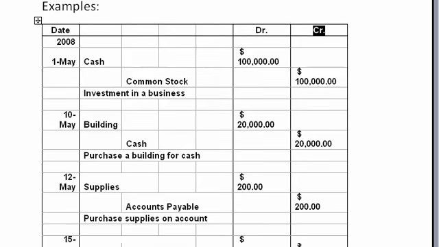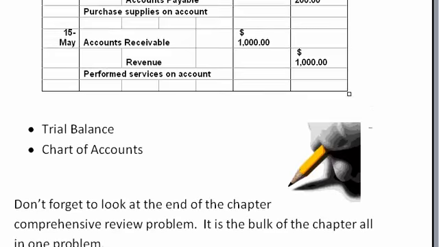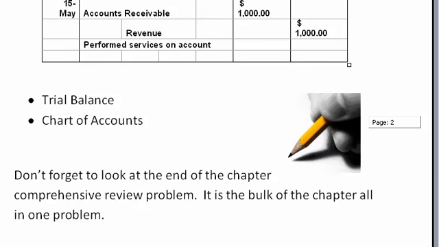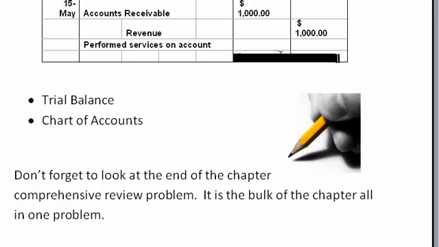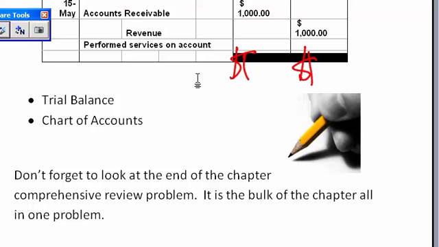So we'd list all the assets, all the liabilities, all the owner's equity, all the revenues, all the expenses. We'd list them all out. And when we got down to the bottom line here, our debits would have to equal our credits. And if not, then we know that we've got an error and our books don't balance. We got to go find that mistake.